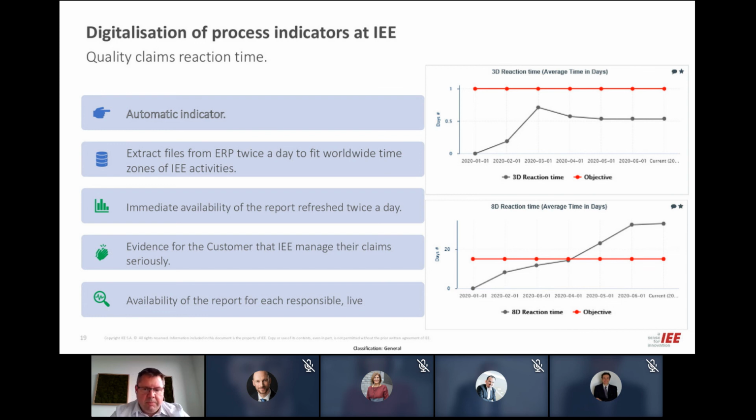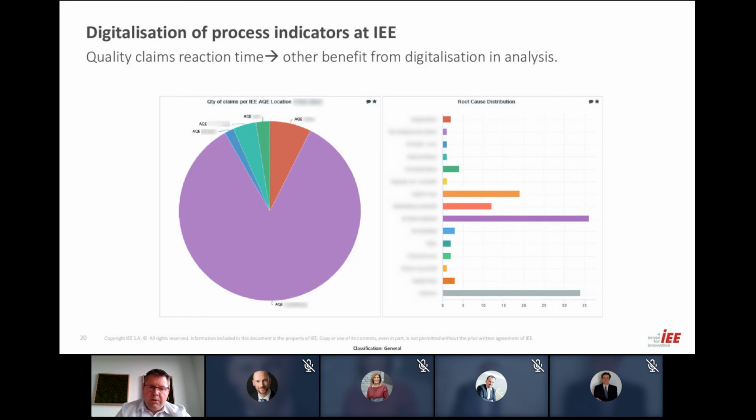This tool is also shown when we have customer visits, and they're always really happy to see that we have invested time and money in these indicators and this tool to commit to these targets. Another example, so yes, here we also have, for free, let's say, several pieces of information about the quality claims that help us to then analyze them.